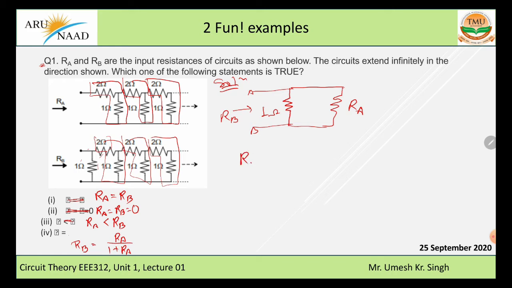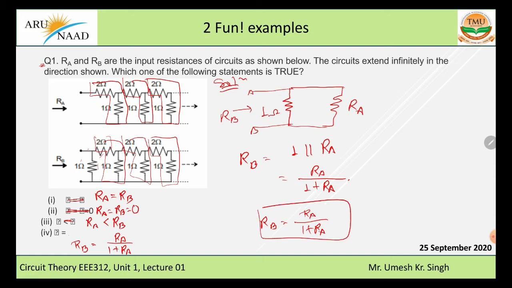So RB is nothing but the parallel combination of 1 and RA, or RA divided by 1 plus RA. Now look at the options. The fourth option is correct, and this is a GATE question.